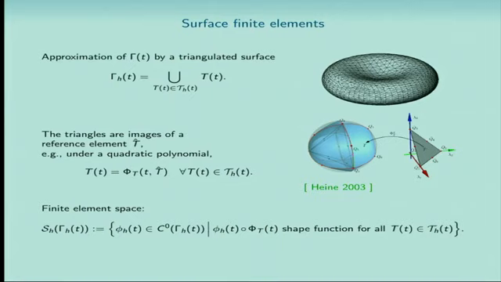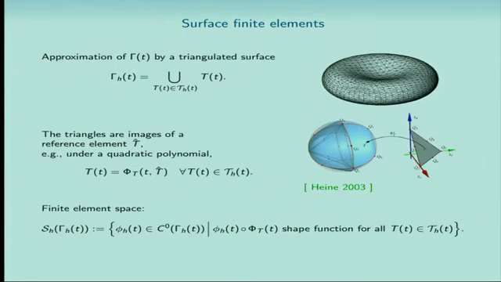That's this here, the finite element space. In this case I'm going to consider continuous functions on the whole discrete surface, which locally on each of these triangles, modulo mapping back to the reference triangle, corresponds to this finite dimensional space of shape functions. So this is the finite dimensional approximation of this surface field.